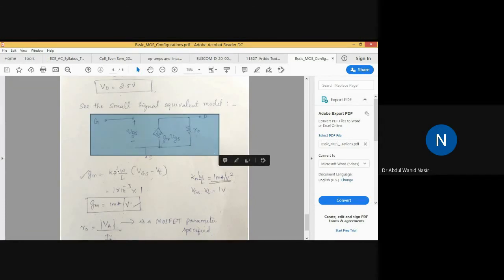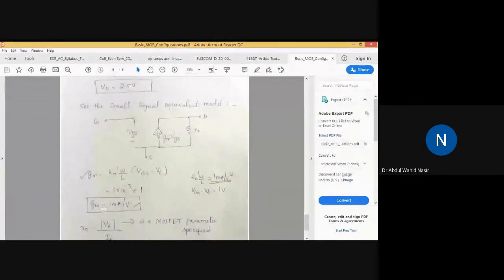Directly from here we can write gm is equal to, we have derived this equation in module 1, gm is equal to kn dash W by L into VGS minus VT. Now kn dash W by L is given, and VGS minus VT is also known, that is 1. So 1 into 10 to the power minus 3 into 1 is equal to 1 milliampere per volt. This is the value of transconductance.